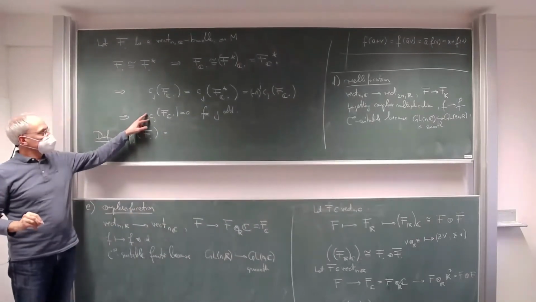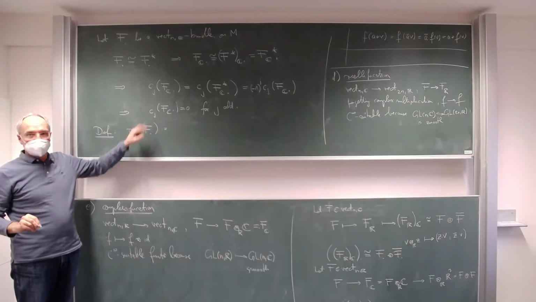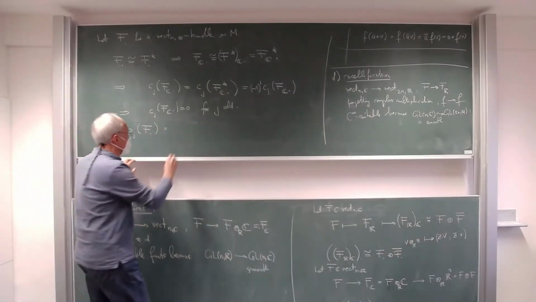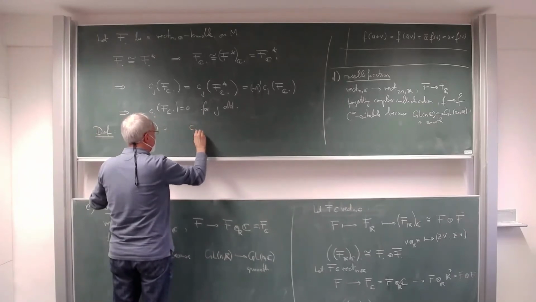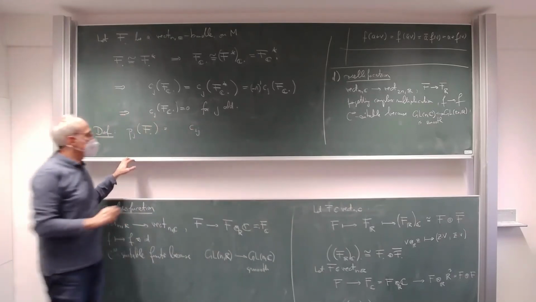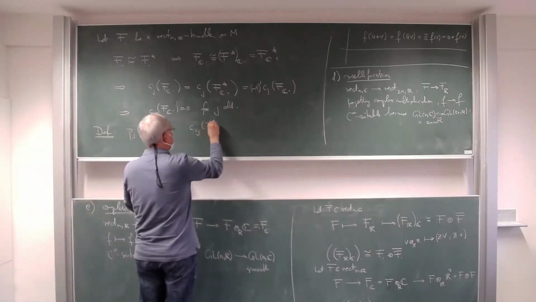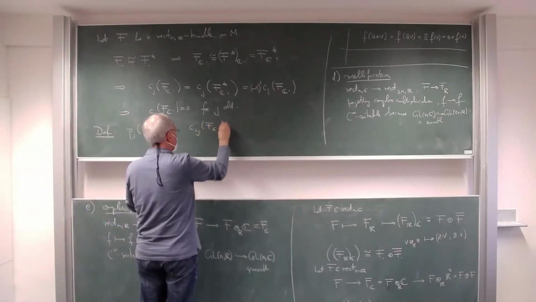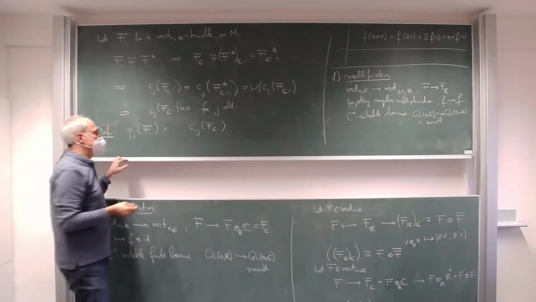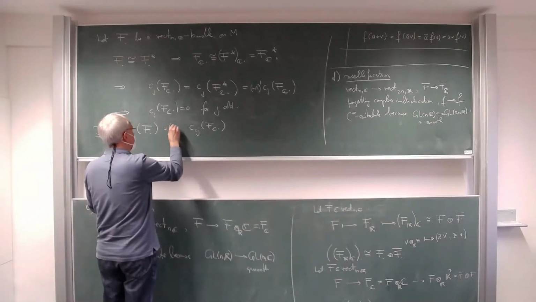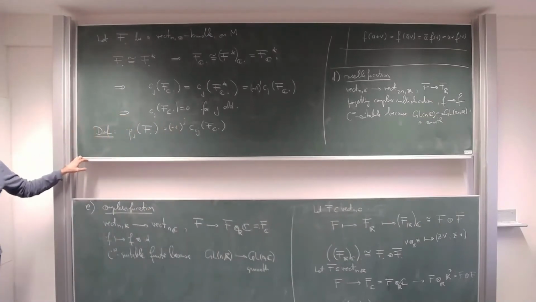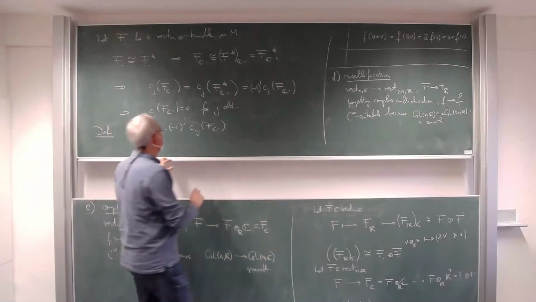There's no need to look at the odd classes, so I only look at the ones for even index. So I take the Chern class of degree 2j of the complexification. And it's a tradition, not necessary, but a tradition, to have an alternating sign here. So let's stick to this convention.